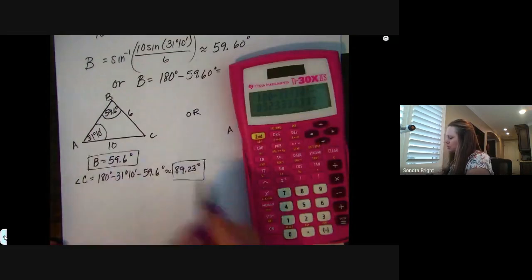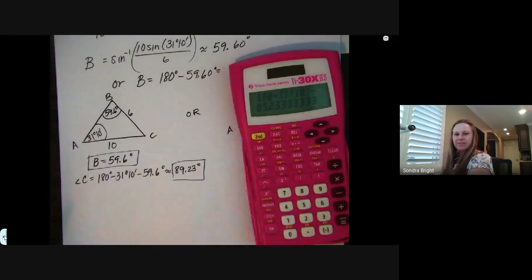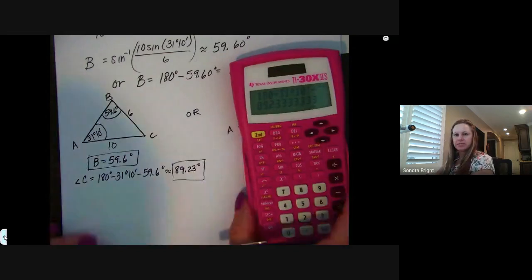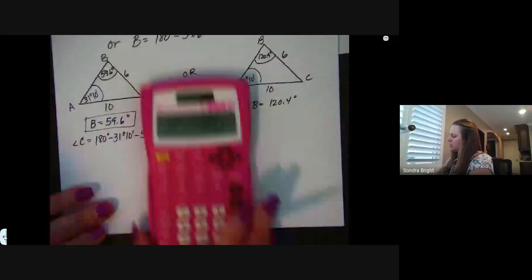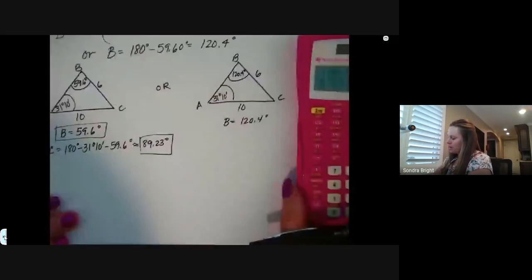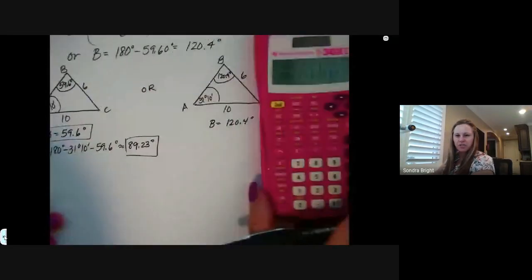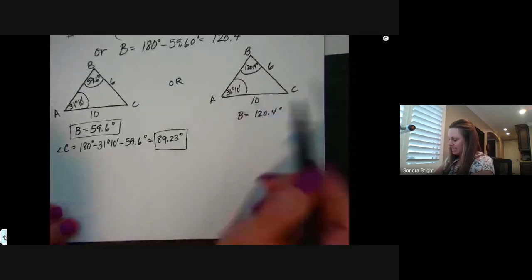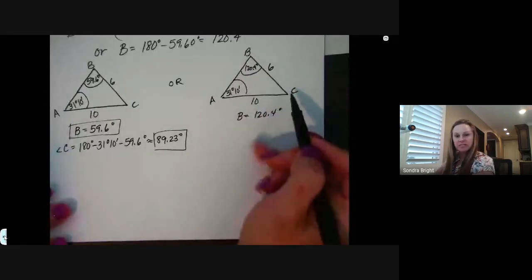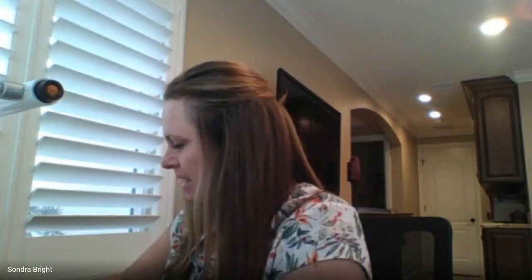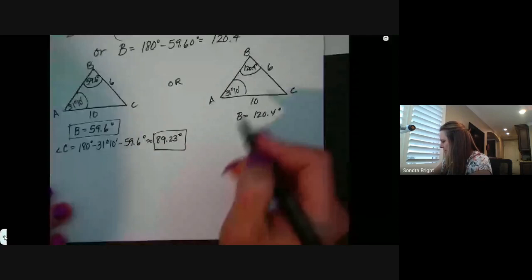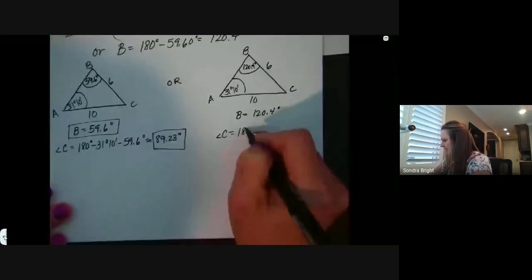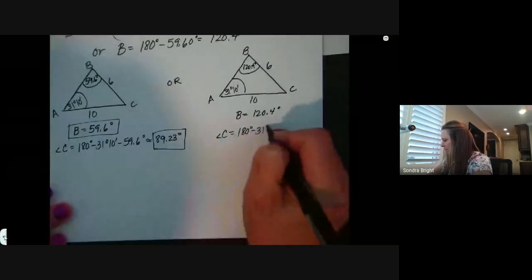What we're not sure about is, let's see where I can put this so you can still see everything. Okay, so this is the triangle I'm not sure about, and it will exist as long as I can get a positive value for angle C. If this triangle exists, then angle C will be 180 minus the 31 degrees, 10 minutes, minus the 120.4.